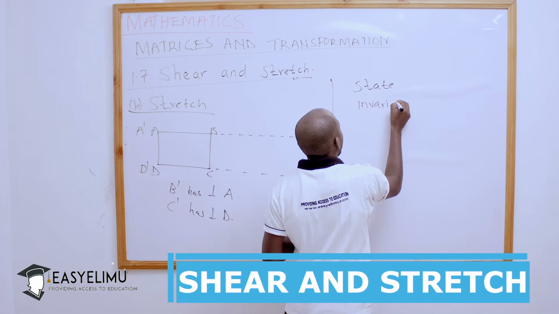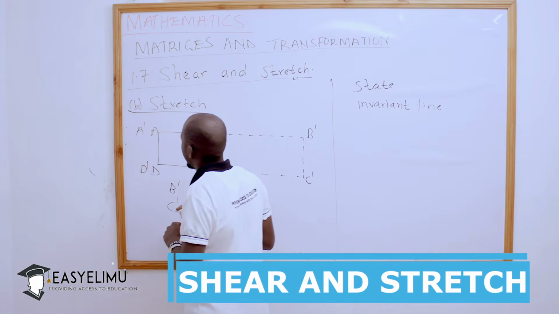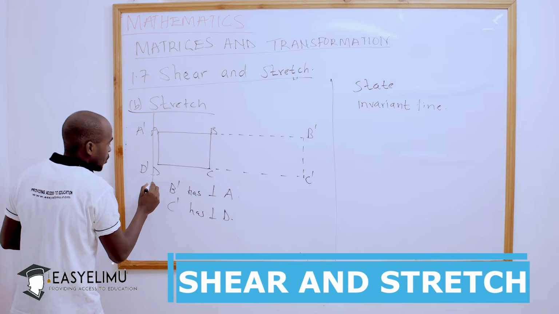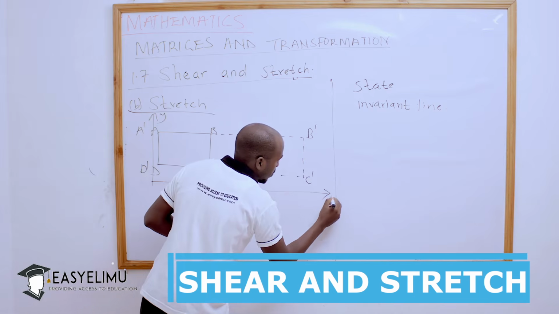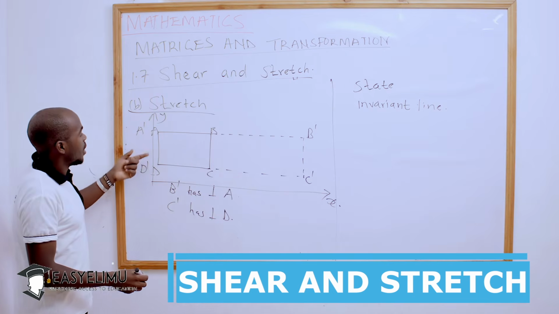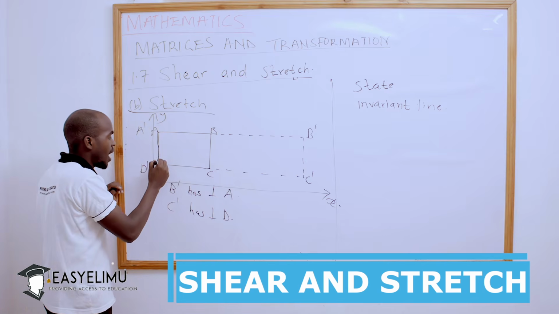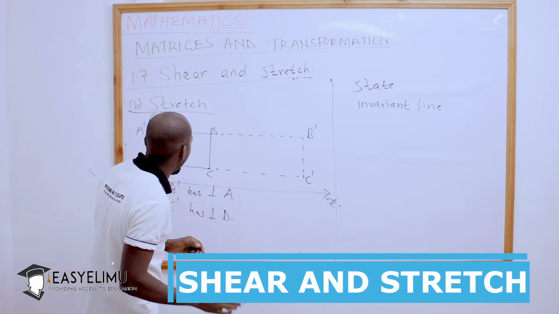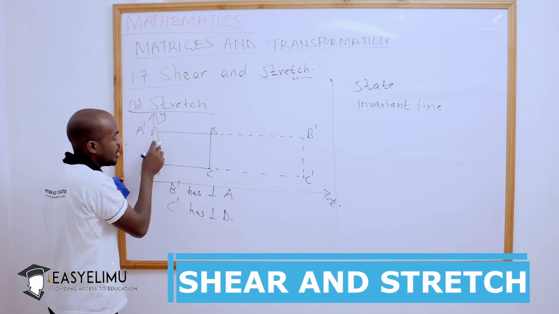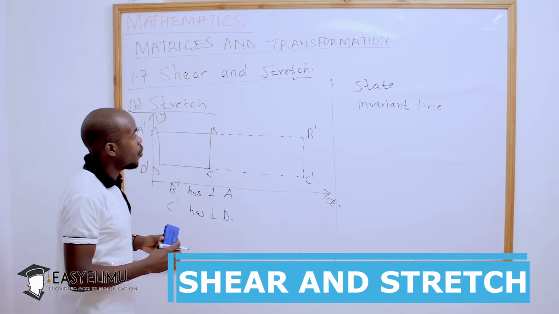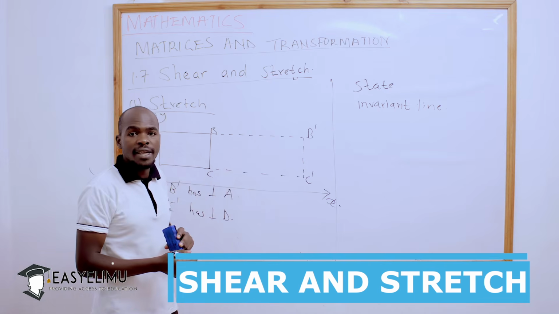For our case, if this was drawn to scale on a Cartesian plane, you will find that this one was y invariant. We don't know at this point what that one is at, but the invariant line was y, and the points also moved with a given scale factor.